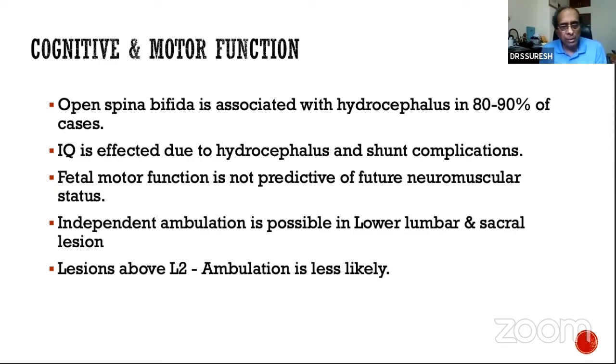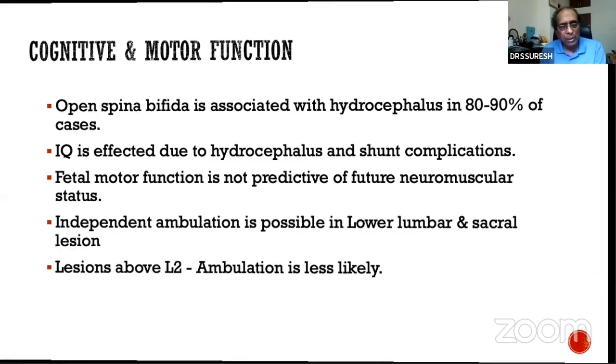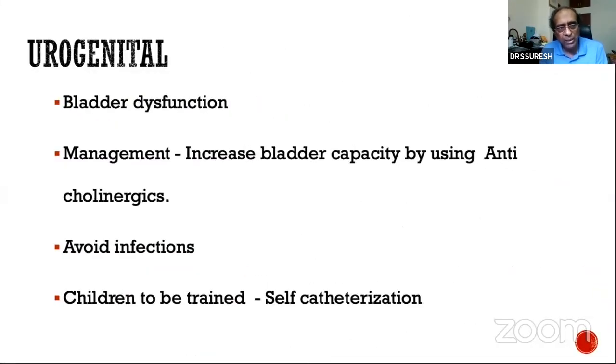And also, when there is a lower lumbar sacral lesion, as Ramurthy has said, then some independent ambulation is certainly possible. And as the lesion goes higher, then we have a problem. The biggest problem is bladder dysfunction.